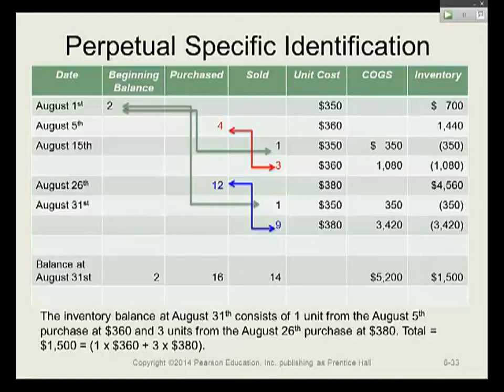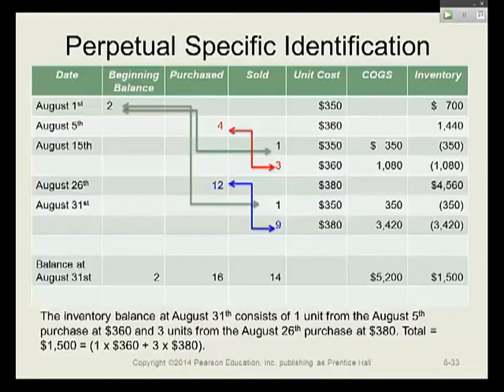So your cost of goods sold for that period, or for that date, August 31st, is 3420, and you reduce inventory. Now, once again, notice that you have 2 units at the beginning, 16 were purchased, that's 18. You sold 14, so there's got to be 4 left. The 4 left in inventory are going to be identified, which I'll do in just a minute.